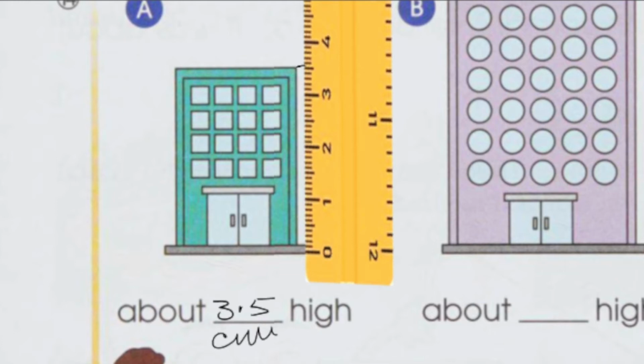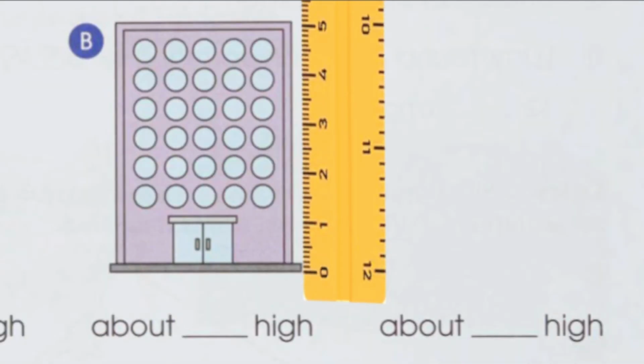Now we'll measure this door. So this is the zero of the scale and this is the height of the door. So it is just pointing at 5.1. So this is 5.1 centimeter high.